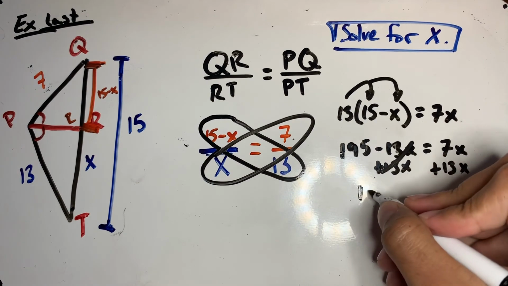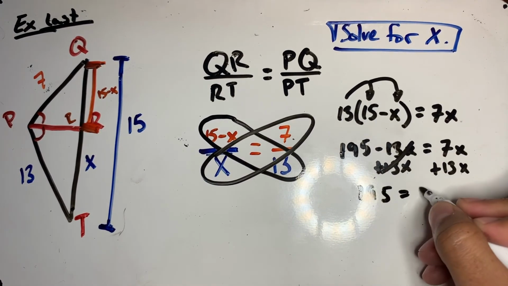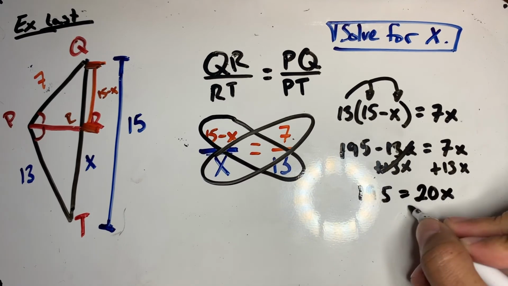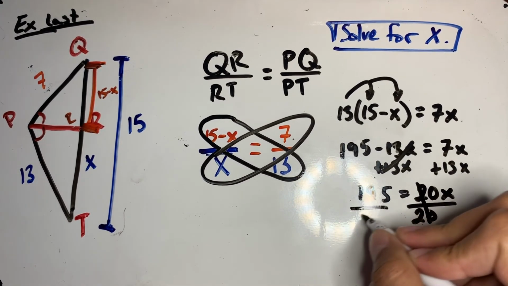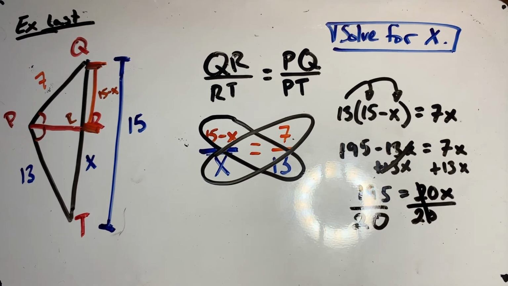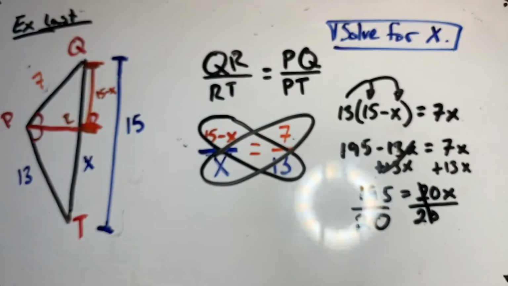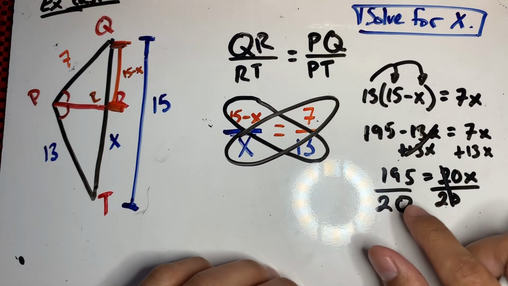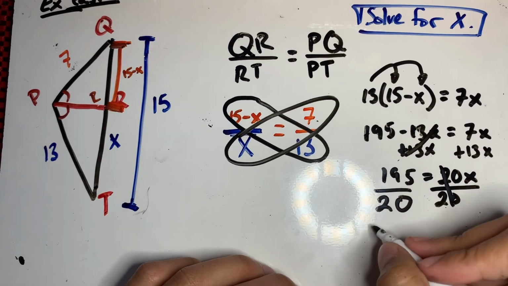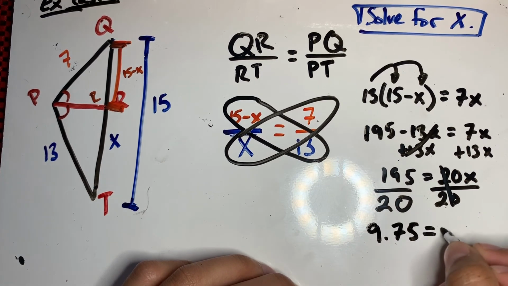So I get 195 equals 20X. And then I divide by 20. Anyways, we have 195 over 20, and that's going to simplify down to 9.75 equals x.